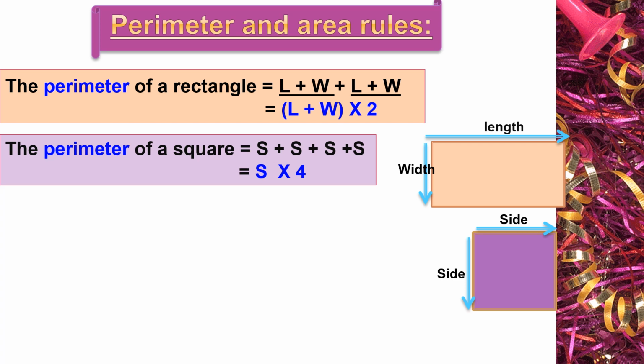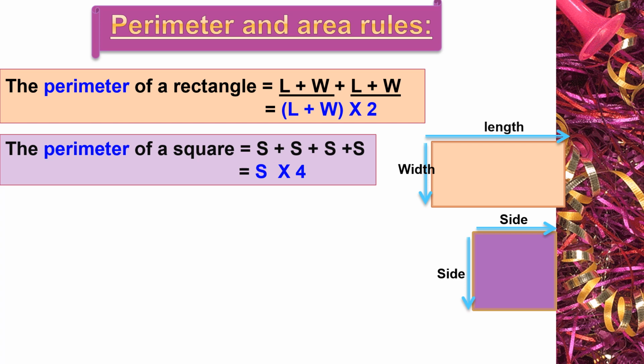Let's revise area. We said area is the space inside the shape. If I have rows and columns, I will multiply rows by columns.